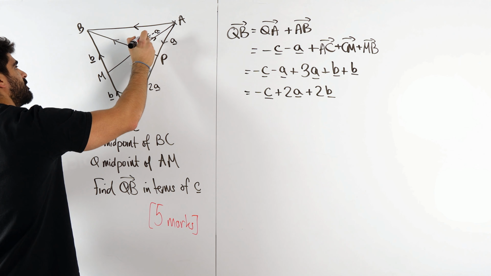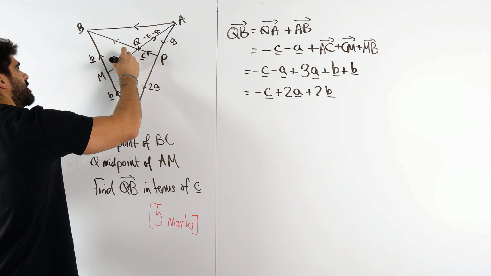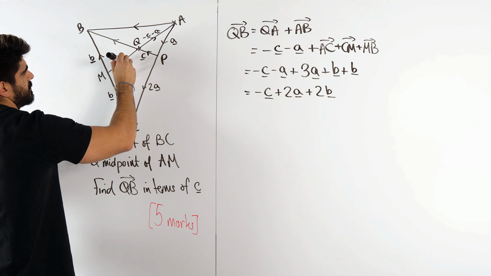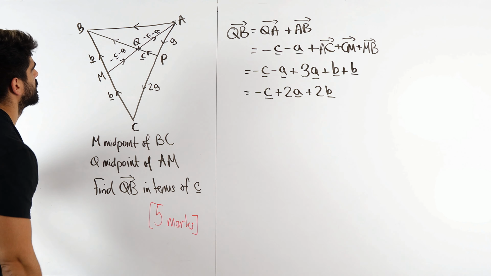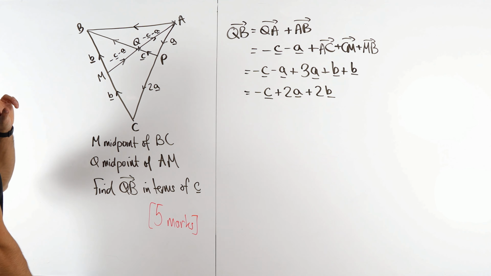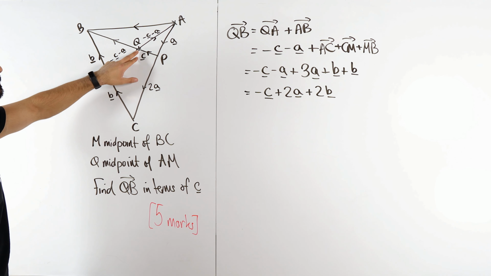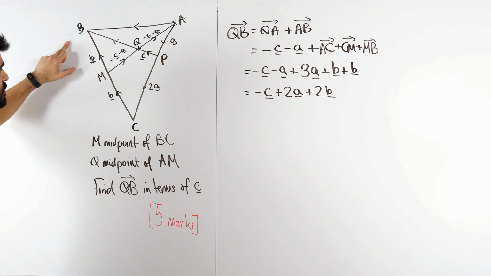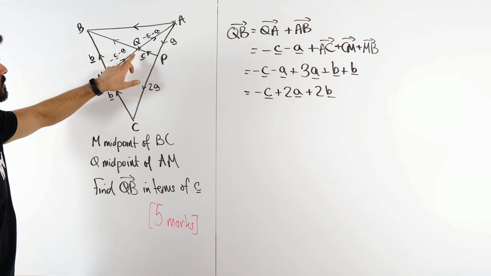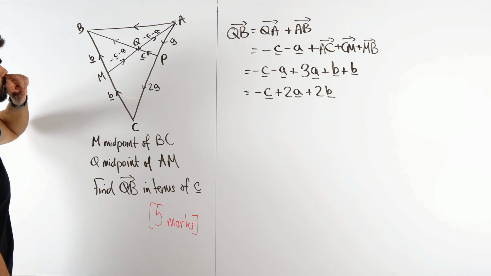So that means if Q is in the middle, then this is minus C minus A as well, right? Could that help? In fact, if I had done that, it wouldn't have really helped. We would have got A plus C plus B to get QB. Oh, maybe it does help.